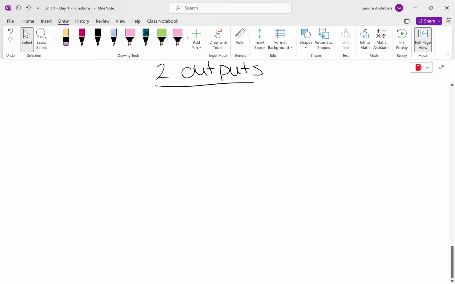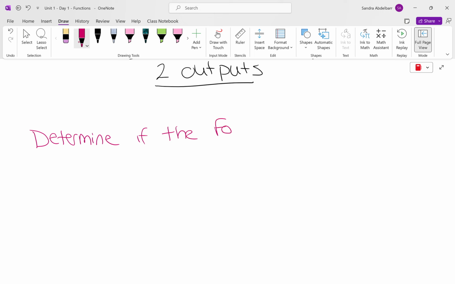All right, let's do some practice with this. Determine if the following are functions. Let's write this out. Determine if the following are functions.